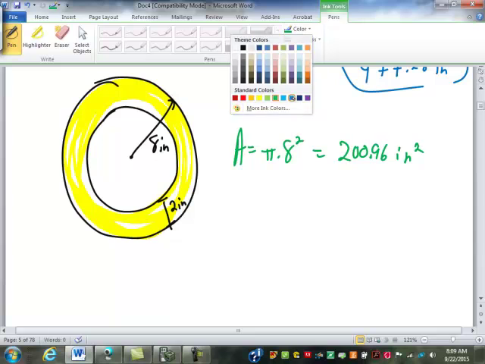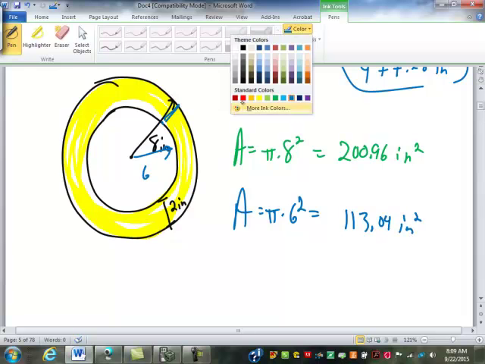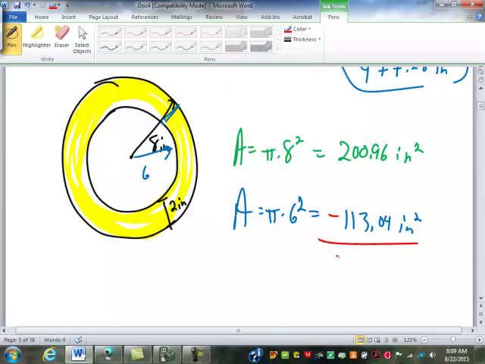Then what? 6 squared, 8 minus 2, right? Subtract 2, you're left with 6. Pi times 6 squared is 113.04. And we are subtracting, which is going to give us 87.92. Sound right?